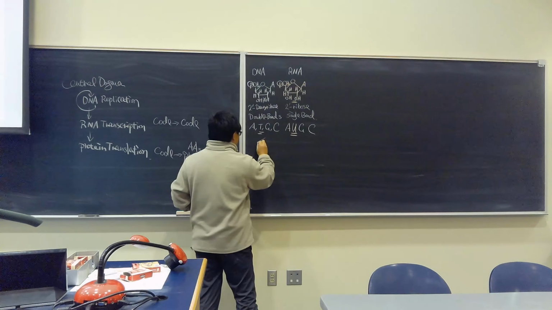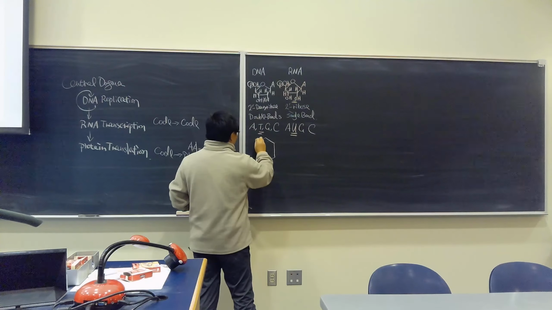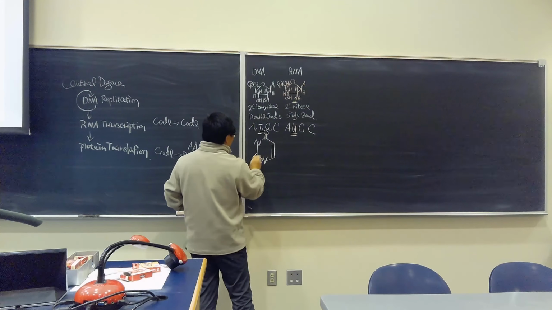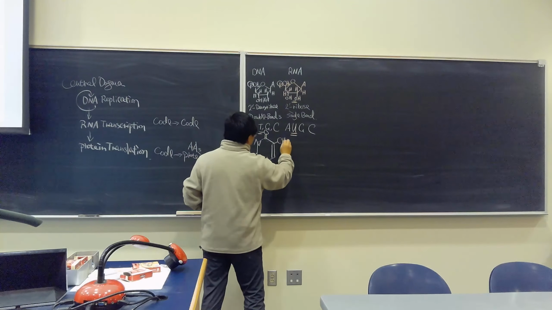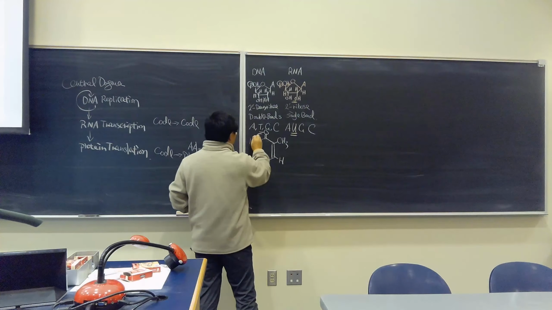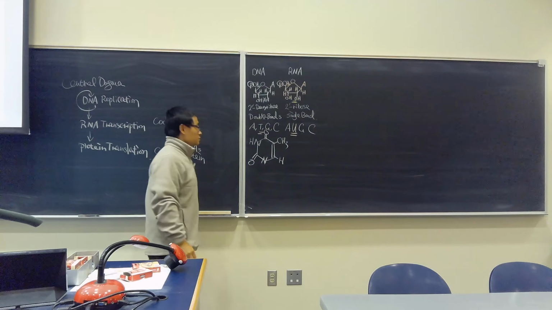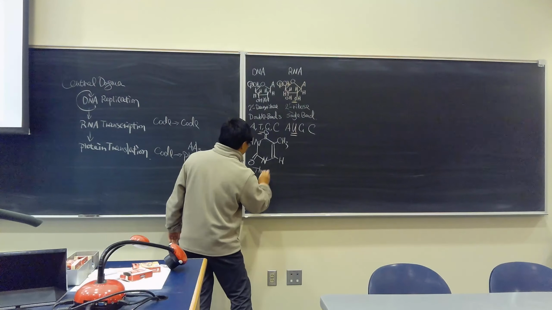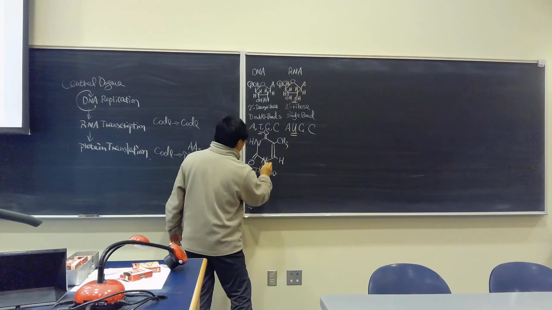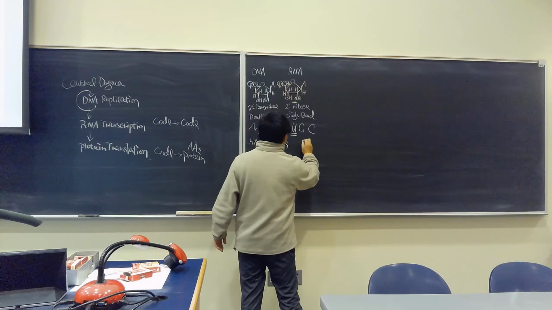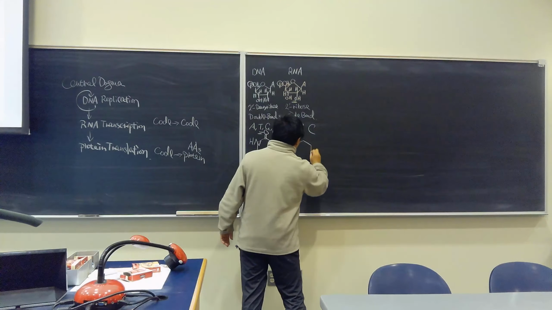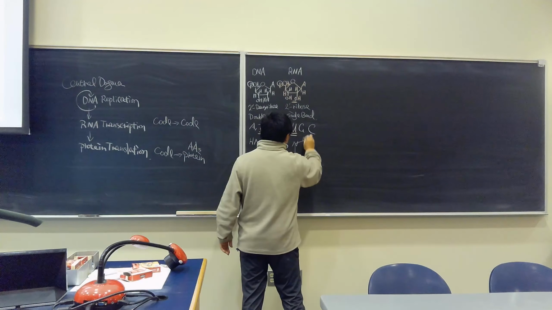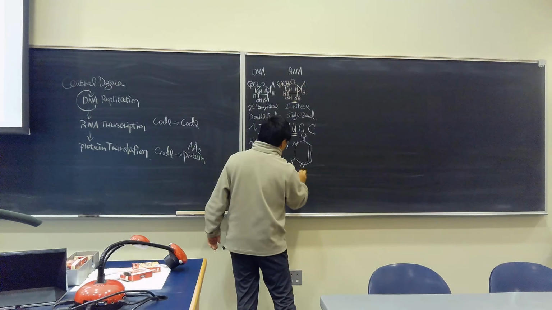Let's do this again. If you remember the structure of thymine, you will understand this very well. Carbonyl group goes here, CH3, H, H. This is thymine. Okay, uracil, also looks exactly the same. This is just a bonus. To be honest with you, a lot of it is exactly the same.